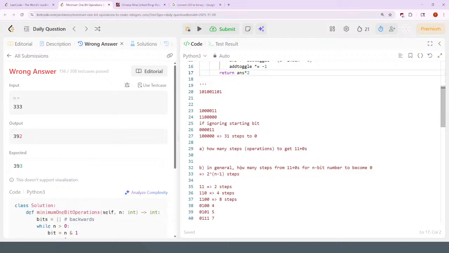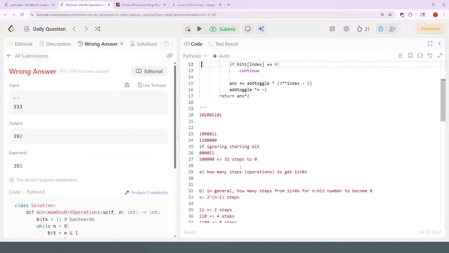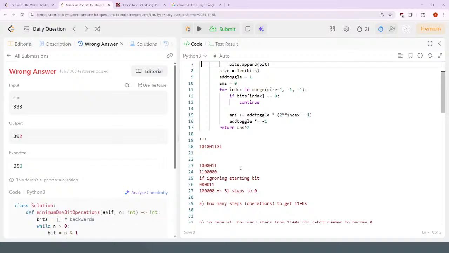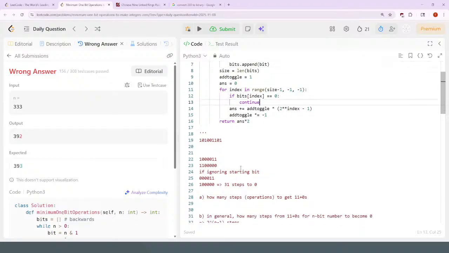So what is it doing? It's doing it incorrectly. What would it be doing incorrectly and off by 1? Such a small amount to be off by.